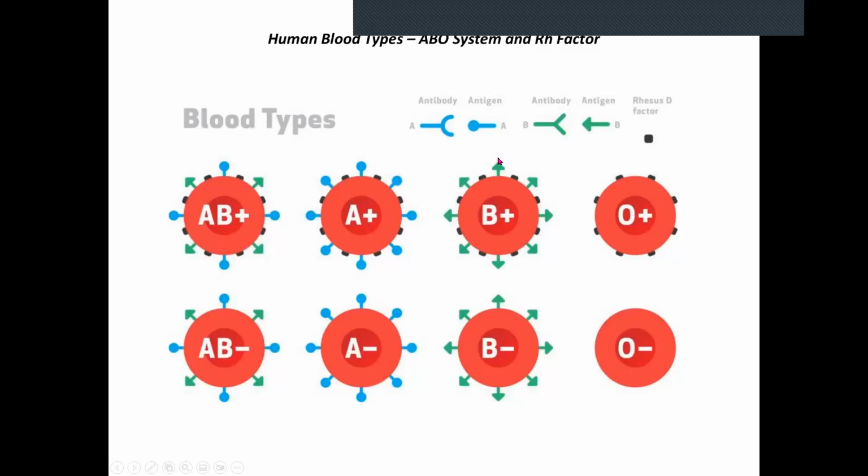The B would be a particular antigen. The A is a different antigen. And the AB would have both of them. So this one is one with a lot, and this is one with just the RH. And this one has nothing, and these three are the same as those three, but without the RH. Now, this is where things can become quite interesting.